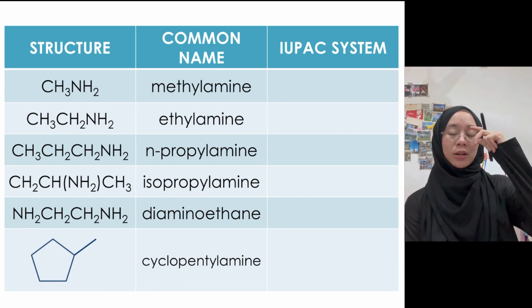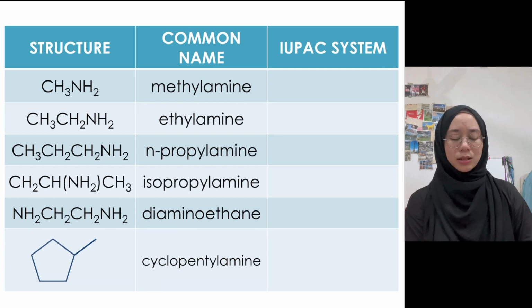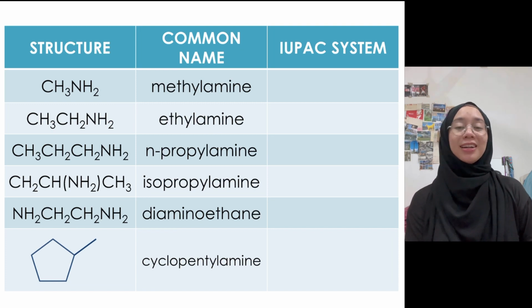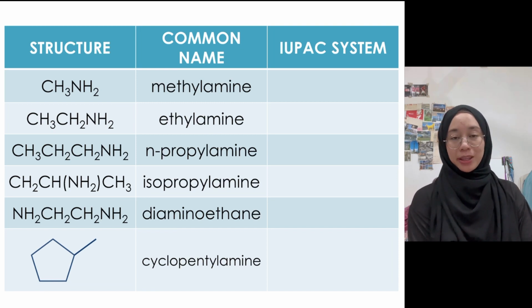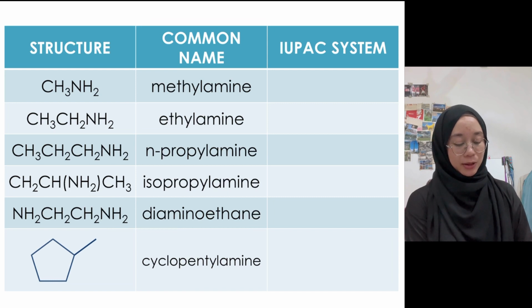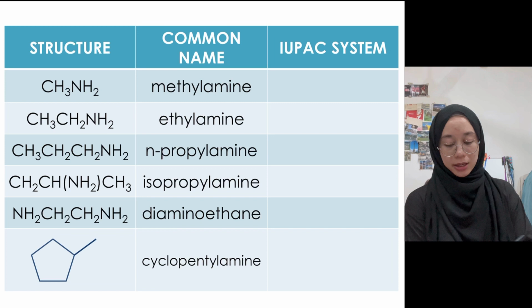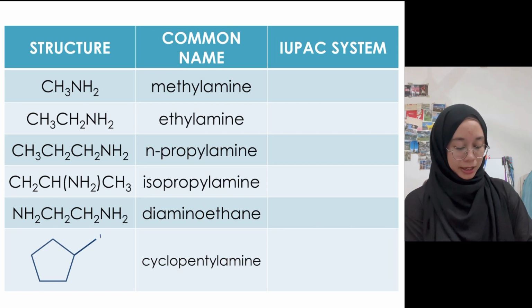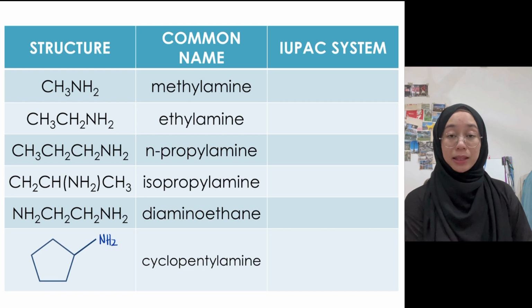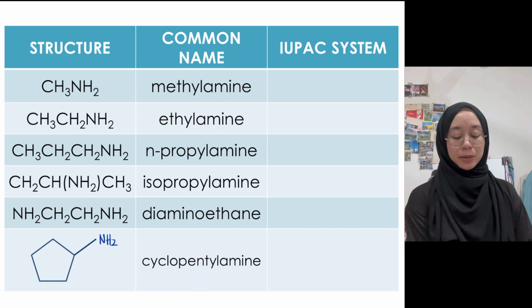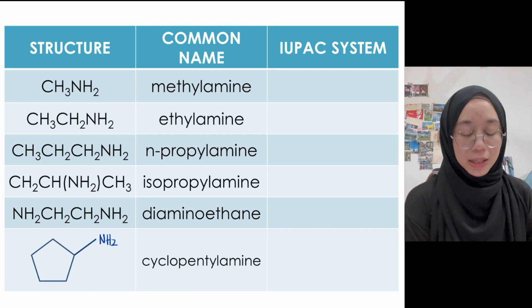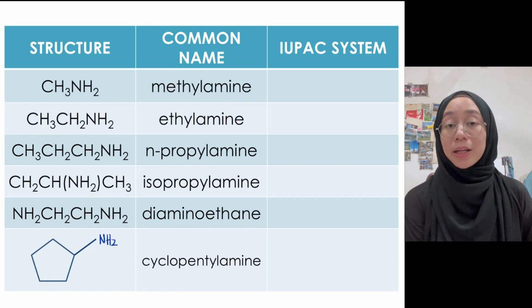Okay, tapi if you want to write down pun tak ada masalah 1, 2, because there is a possibility untuk NH2 ni berada dekat carbon yang sama sebenarnya kan. Okay, so dia boleh jadi 1,1 diaminoethane. Okay, and then yang ni pula, Miss lupa nak letak NH2 sebenarnya kat sini. Okay, so sini sebenarnya ada NH2. Okay, and then since ada cyclopentane yang attach kepada that NH2, so dia dipanggil sebagai cyclopentyl amine. So these are some of the common names yang kamu kena take note lah.